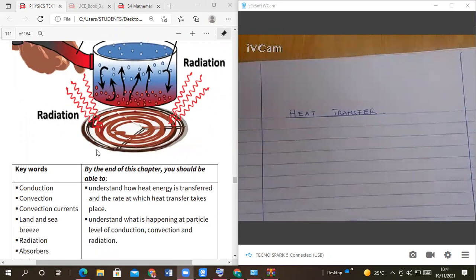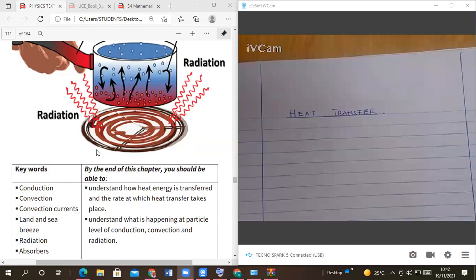So in this chapter, we are going to learn about different types of heat transfer, and they are three. Who can give me those three types?